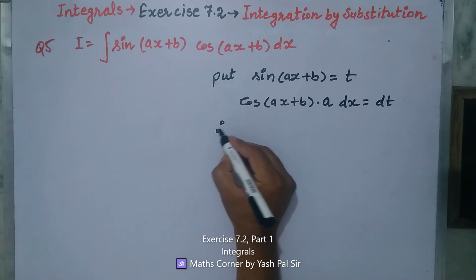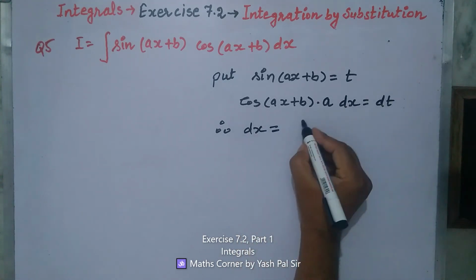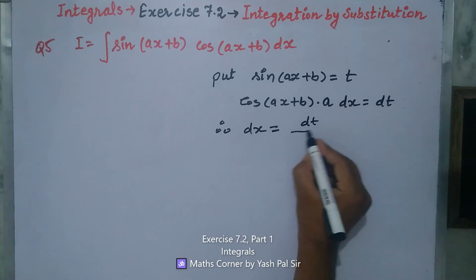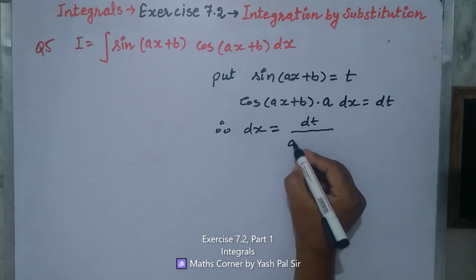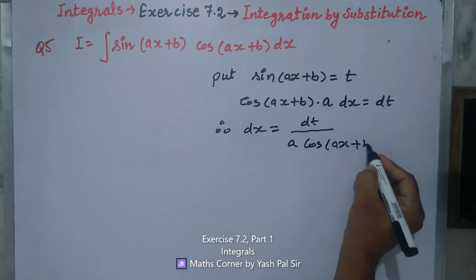So we can write here, dx is equal to dt divided by a into cos of (ax plus b).